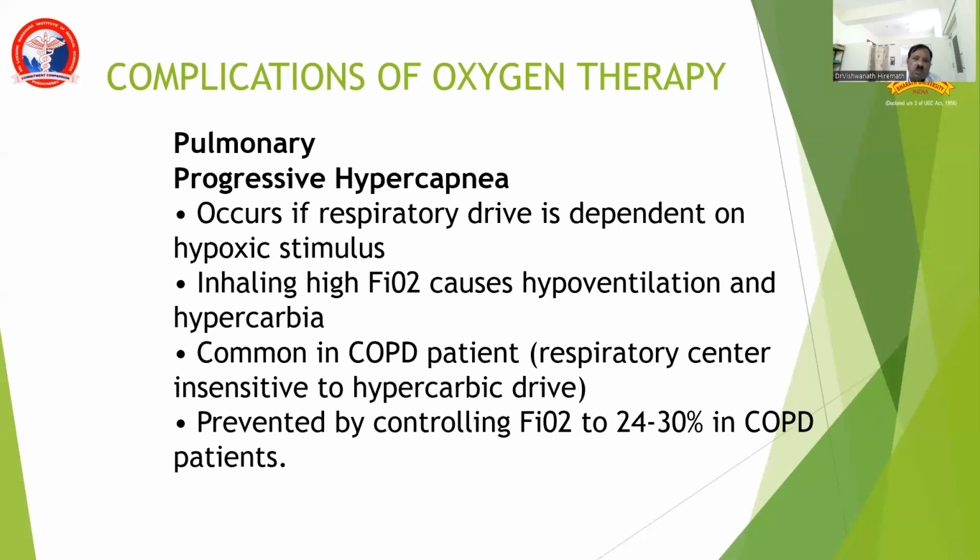Progressive hypercapnia occurs if the respiratory drive is dependent on hypoxic stimulus. Inhaling higher FiO2 causes hypoventilation, then hypercapnia, which is more common in COPD patients, because the respiratory center becomes insensitive to hypercarbic drive.